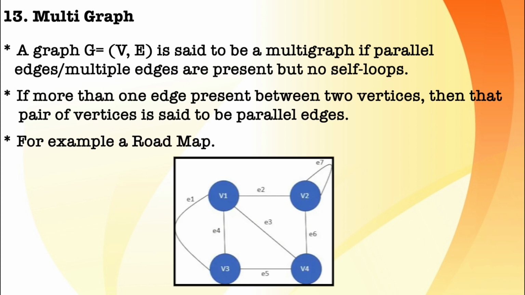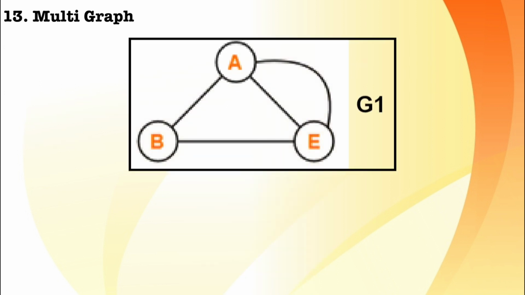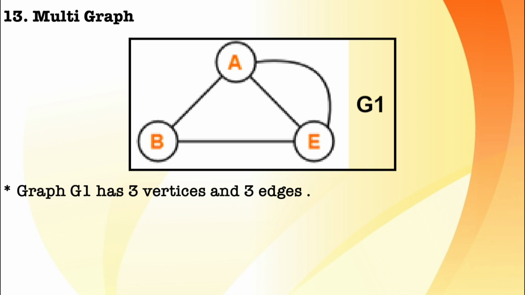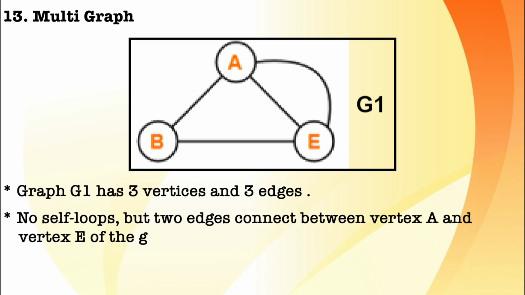If a pair of nodes is connected with multiple edges, that graph is called a multigraph, and the road map is an example of a multigraph. In the example figure, we have 3 vertices and 3 edges. There are no self loops, but 2 edges are connected between vertex A and vertex E of the graph.